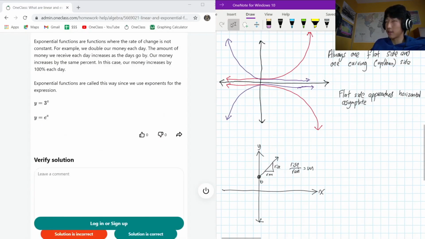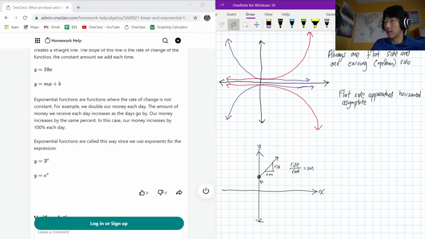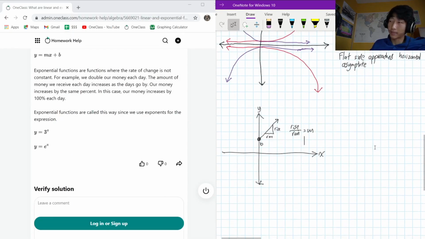An exponential function in action could be something like compound interest. Every day that passes, I'm getting an interest amount, or my money is multiplied by, if you're really lucky, something like 5%. So you get a 5% increase on your total money every time that you have a passing day. So in that case, every day you're going to have a multiplier on your previous number.